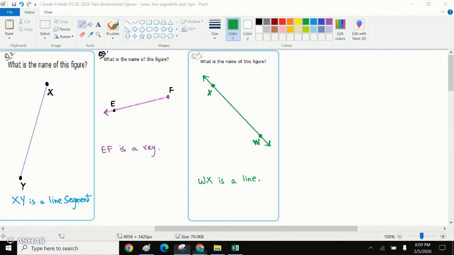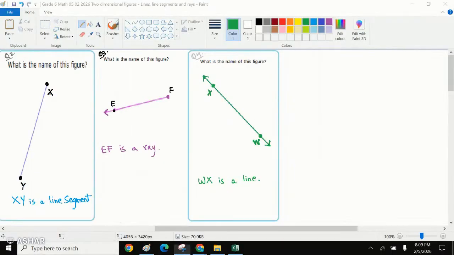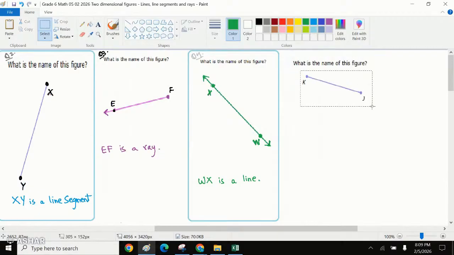For the next question, it says, what is the name of this figure? And this is question number 5. It might be a little blurry, I'll refinalize this. There's a dot over here and a dot over here. With a fixed distance, right?